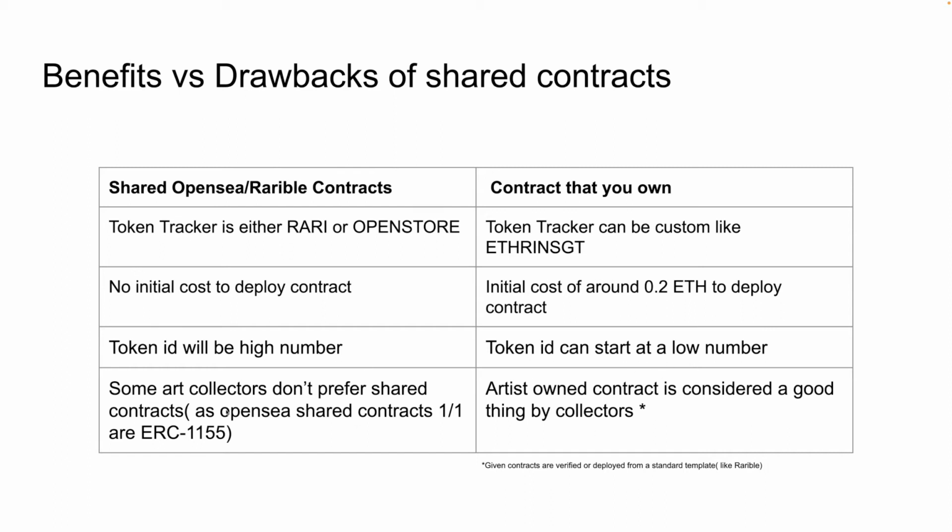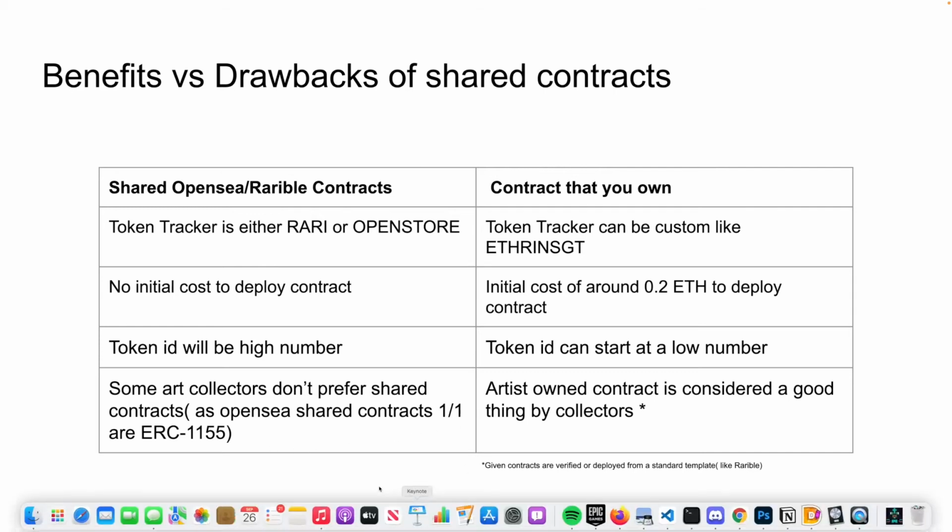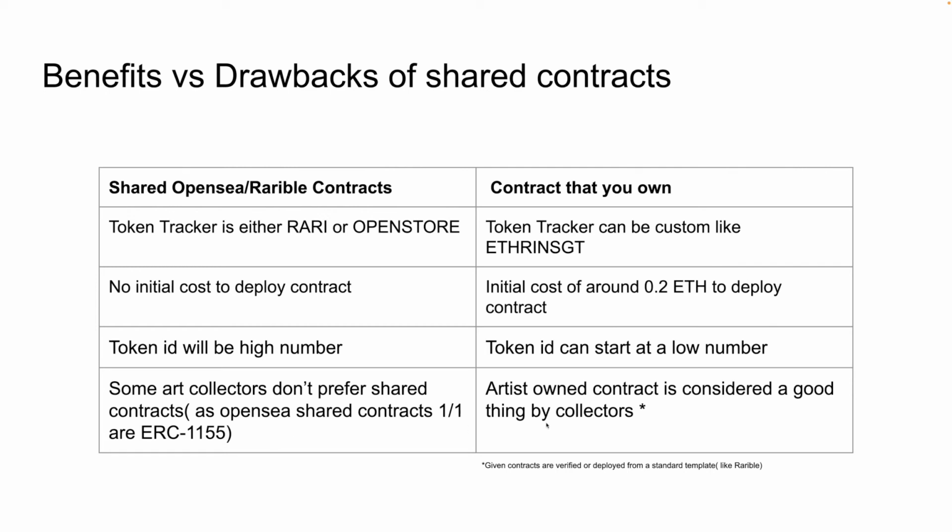And once again, like I said, some art collectors don't prefer the shared contracts, just like they don't prefer 1155, and like we said, OpenSea shared contracts are 1155 even if they're one of ones. So some collectors don't like that aspect. An artist-owned smart contract is considered a good thing by collectors, right?